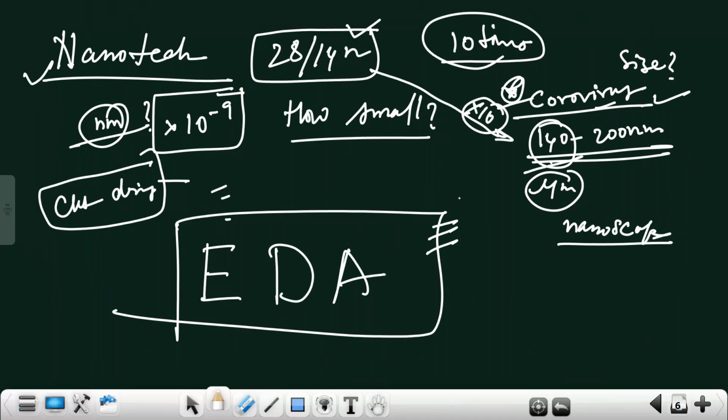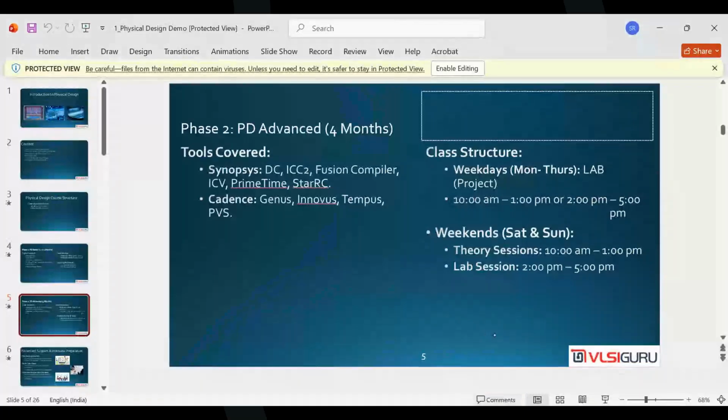Now we have different types of EDA tools available in this institute. From Synopsys we have Design Compiler, which is used for synthesis.